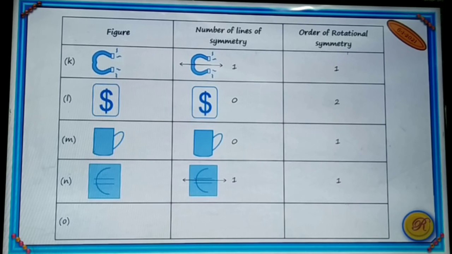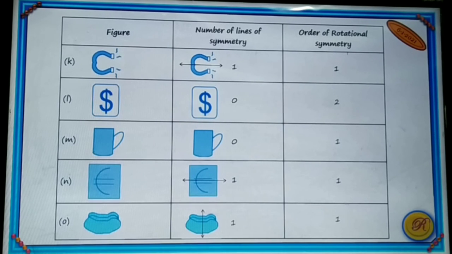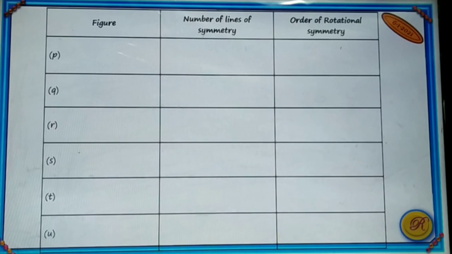For figure O, number of lines of symmetry 1. Order of rotational symmetry 1. For figure P, number of lines of symmetry 1. Order of rotational symmetry 1.